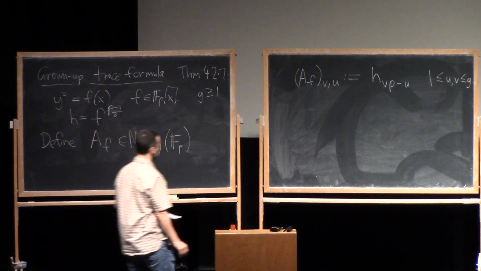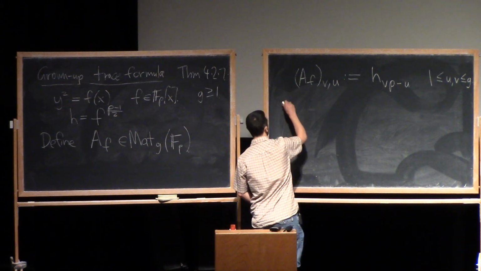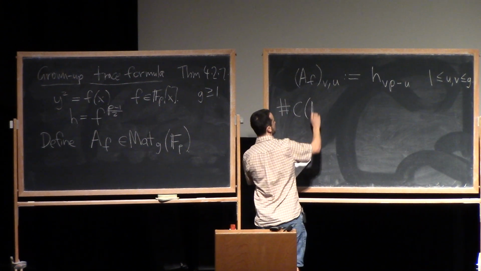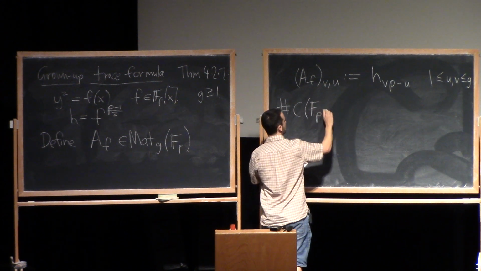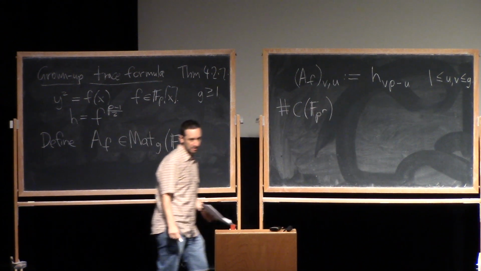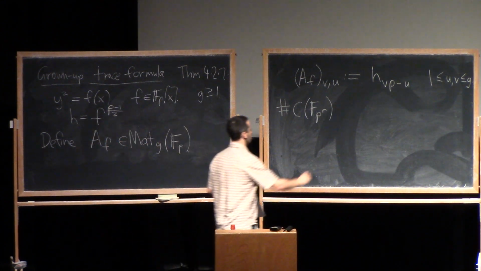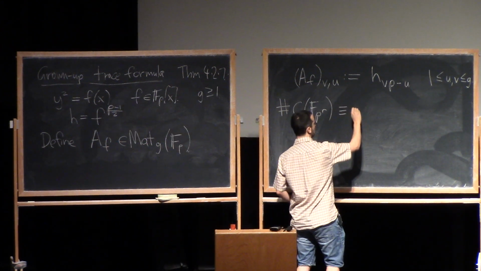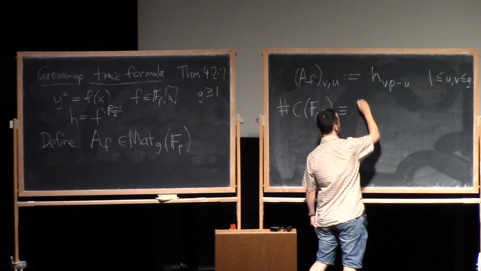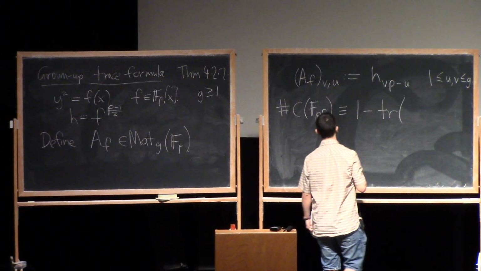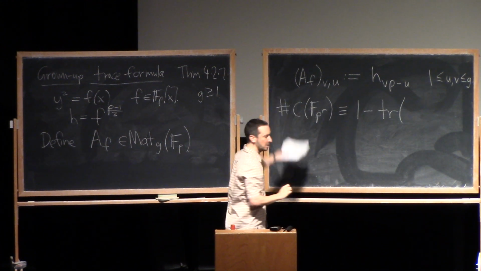So here's the theorem: if I look at the number of points on the curve over Fp to the r, so not just Fp anymore, now we're looking at extensions, this is congruent to 1 minus the trace of the rth power of this matrix.